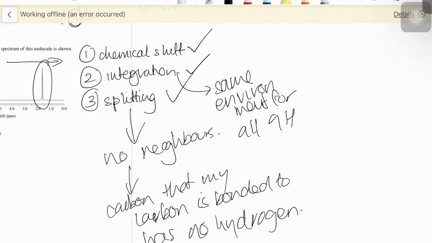Look at the spectrum first, figure out the structure after. Don't try to look at those 4 options and then link each to the spectrum. It takes a really long time because for each molecule you'll have to go chemical shift, integration, splitting, and then for the next molecule, again chemical shift, integration, splitting. So it's easier to go chemical shift, integration, splitting, and then just apply that to each one of your 4 options.